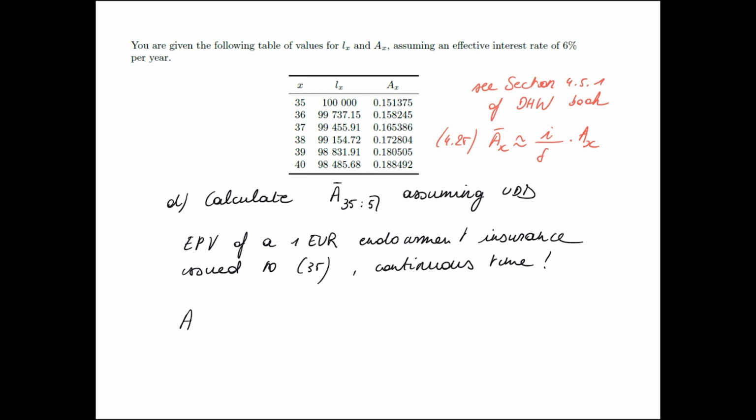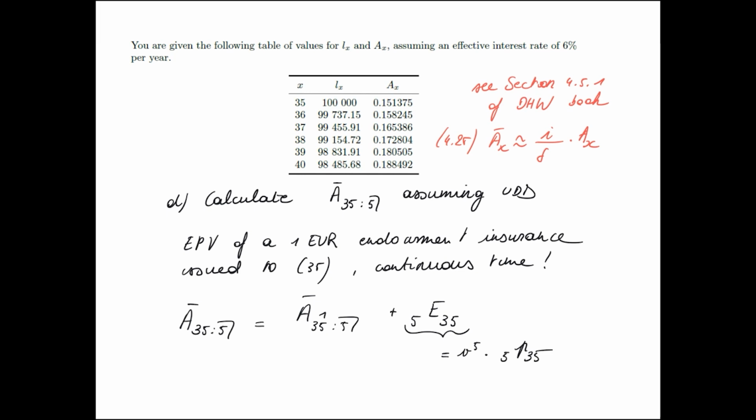Well, the endowment insurance is, and that's the first thing to observe, the combination of a term insurance with a duration of 5 years in continuous time and a pure endowment. And the pure endowment has as its EPV this pure endowment factor, and this was v to the power 5 times 5p35, right?